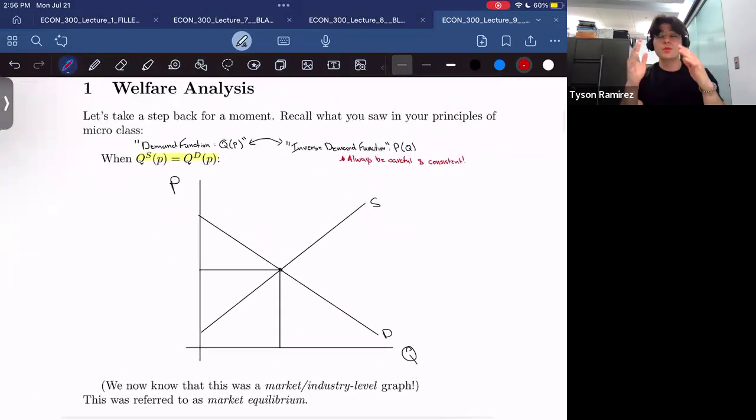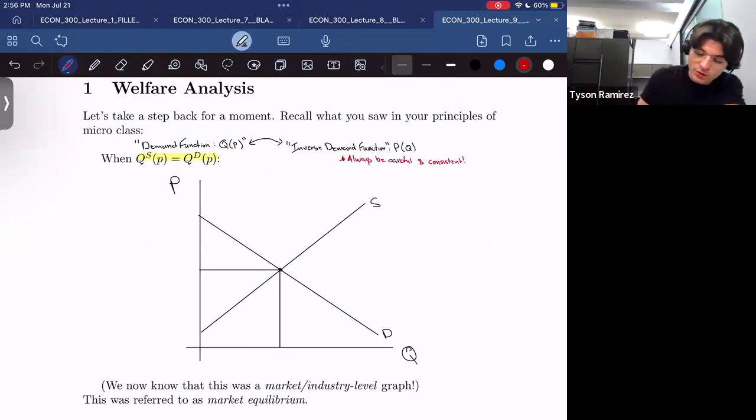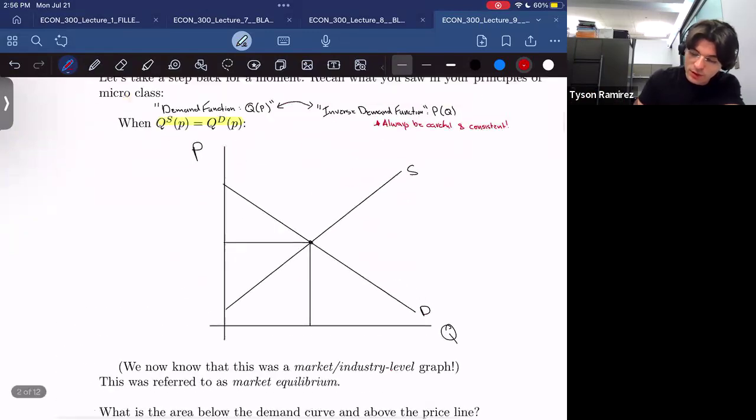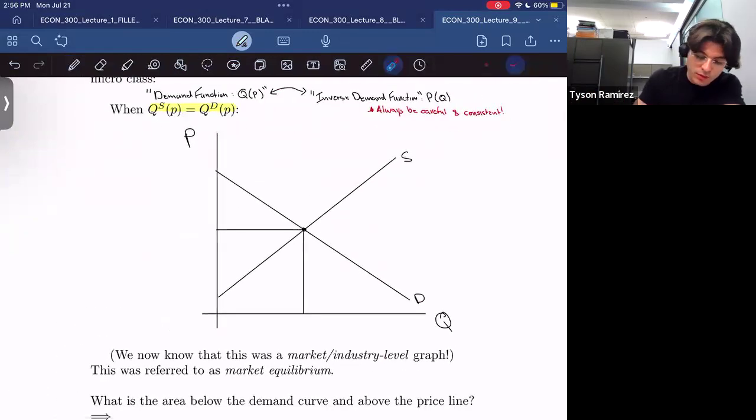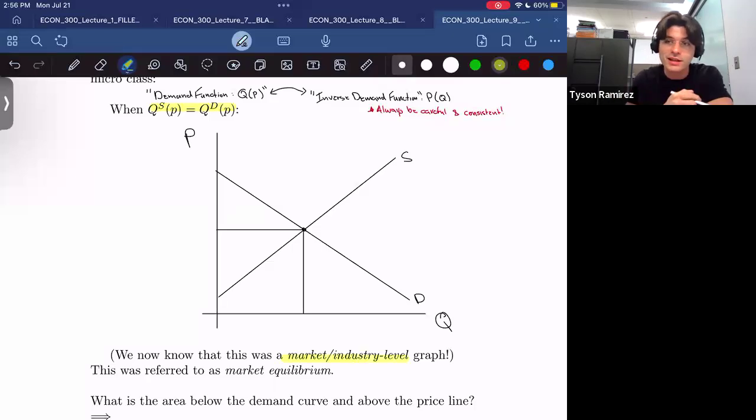But back to the topic at hand. So this is what we saw in our principles of micro class, wherever we took that class. We know that when the two curves cross, then we have equilibrium. And of course, we know now with our grown-up knowledge that this was a market or an industry level graph. We made those distinctions in the last lecture, lecture 8.